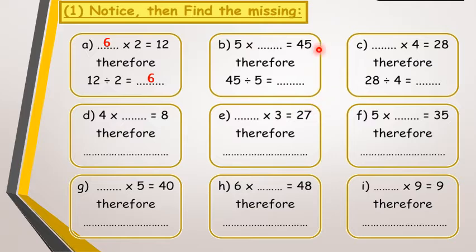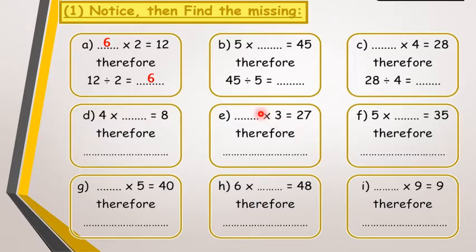We can do the same here. 5 by what gives you 45? It means that you multiply 5 by a number to give you 45, or you can say that 45 divided by 5 gives you what? This will be the same answer. So search in table 5 for what gives you 45.